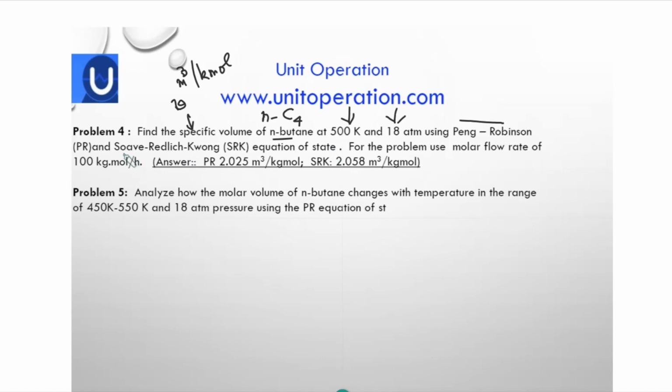As well as we will show you how to estimate the same specific volume, or for that matter any property, using another very popular equation of state, the Soave-Redlich-Kwong equation, which is SRK equation of state. I have given you the values, but we will show you how to calculate these values.